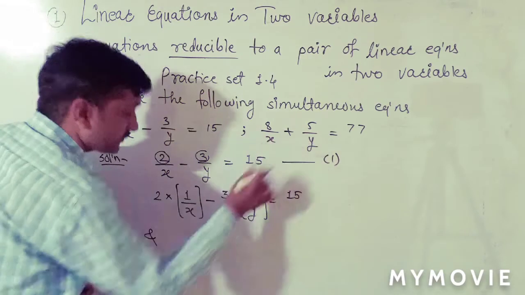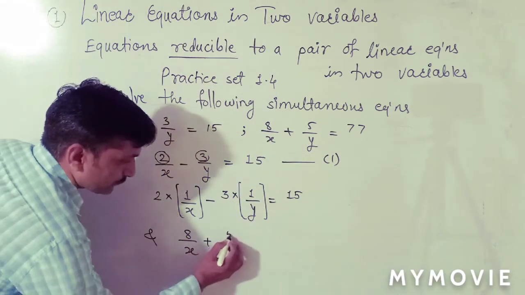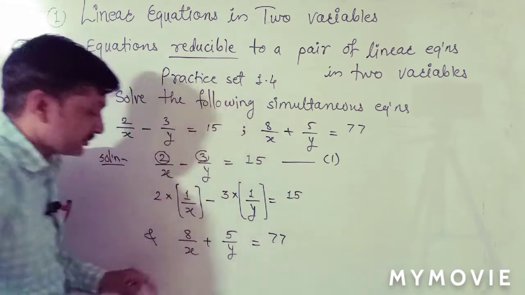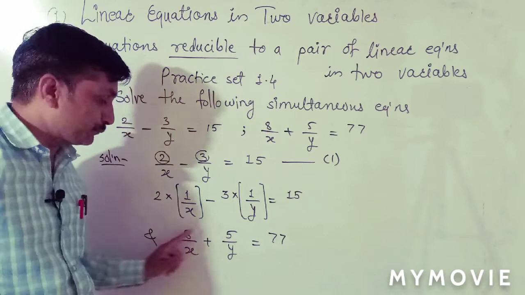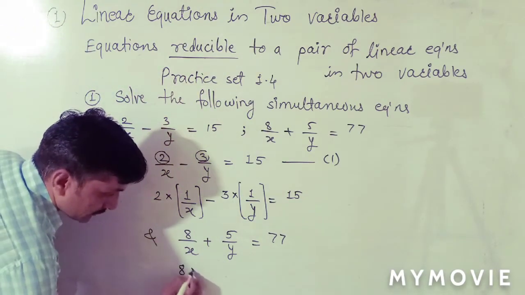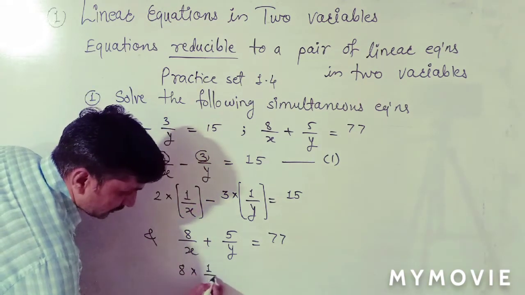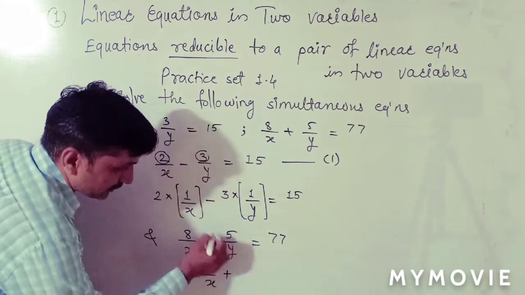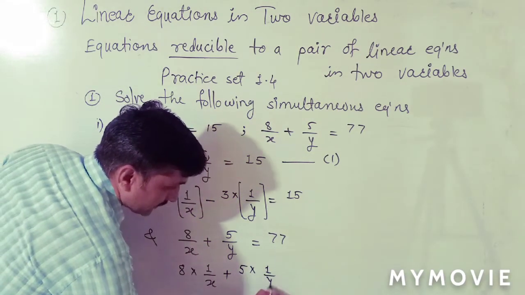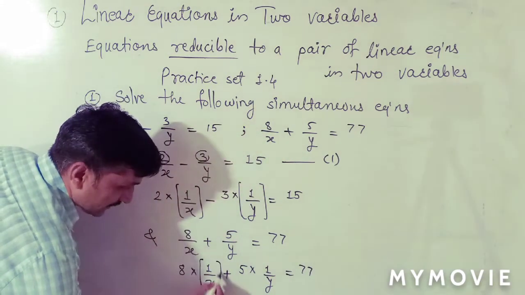Same way for the second equation. The second equation I write again: 8 upon x plus 5 upon y is equal to 77. Here also we have to separate both numerators from these fractions. 8 multiplied by, after taking 8 separate, 1 upon x, plus here also take 5 separate, 5 multiplied by 1 upon y is equal to 77 as it is, and then put these fractions in brackets.